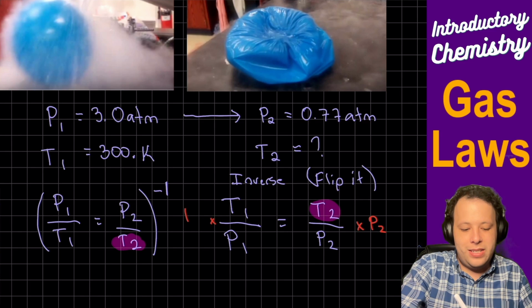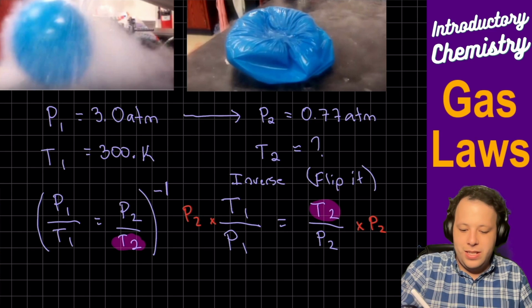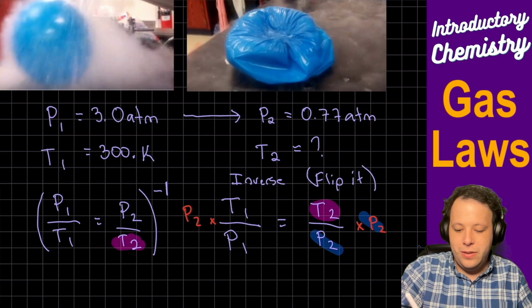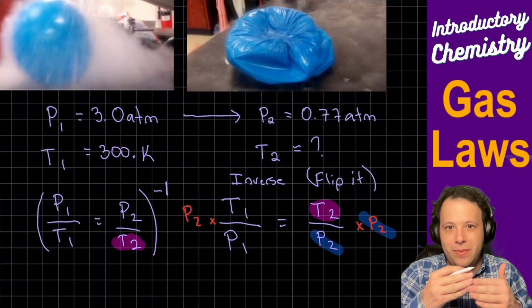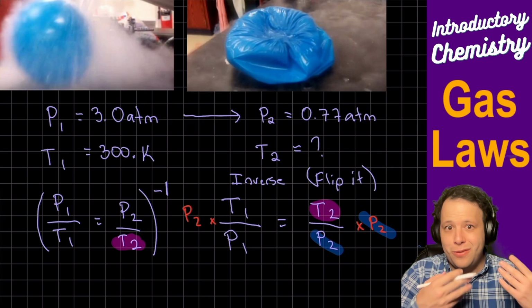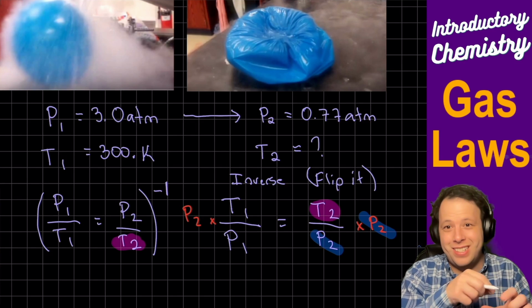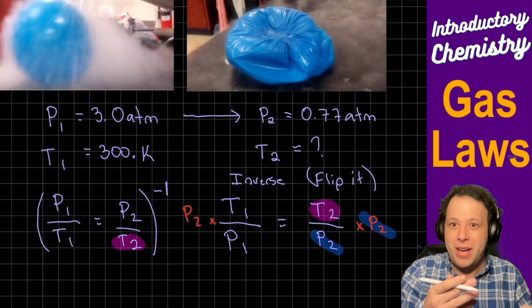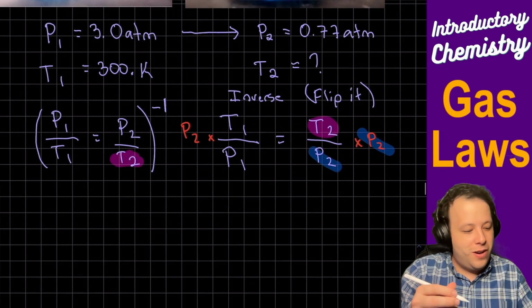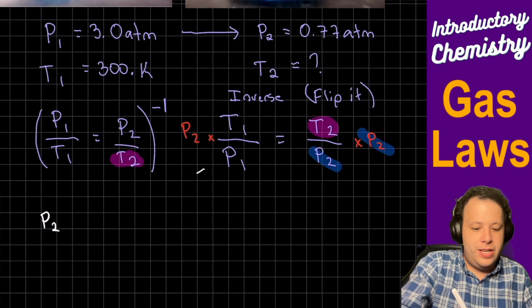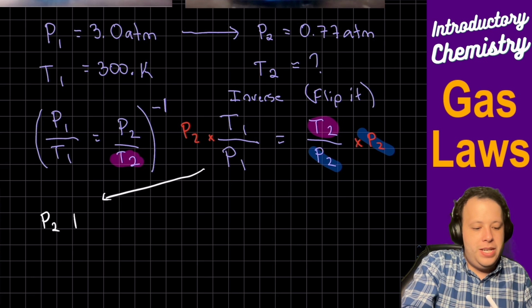So P2 and P2 cancel, and it gets T2 by itself in a really quick manner. It's a good little trick to have in your chemist toolbox to store for later as a mathematical tip.